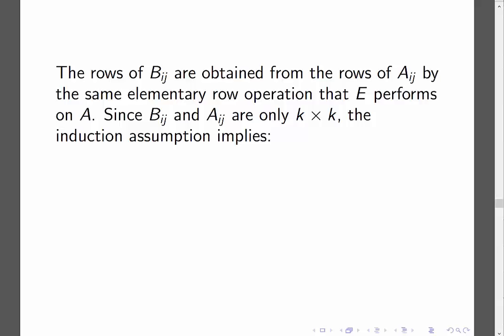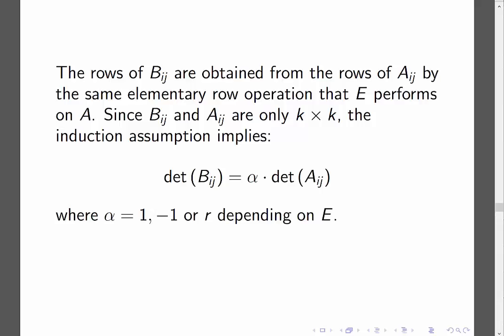So our inductive assumption implies that the determinant of the cofactor of B is equal to alpha times the determinant of the cofactor of A, where alpha is equal to 1, -1, or r, depending upon what that row operation is. Again, k by k, so my inductive assumption applies.